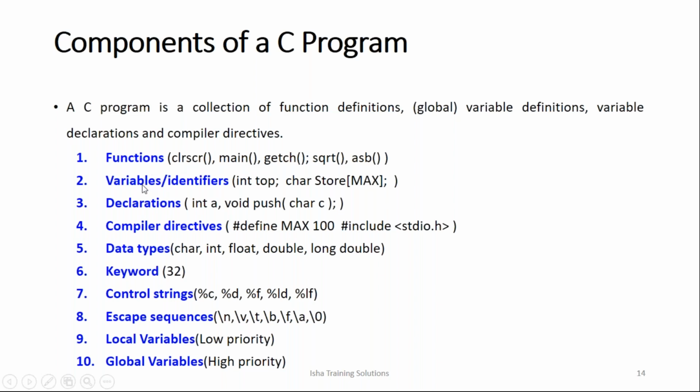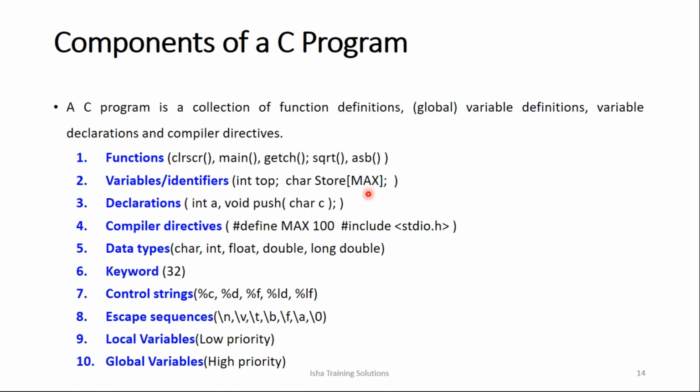Next one is variable. Just now we have seen int y, right? So in this variable or identifier, int top, this top is called a variable of data type integer. And here store is a variable of type character, and we have square brackets with max.